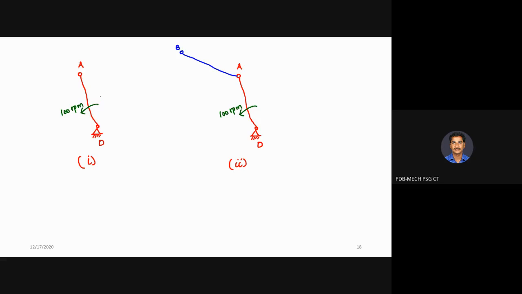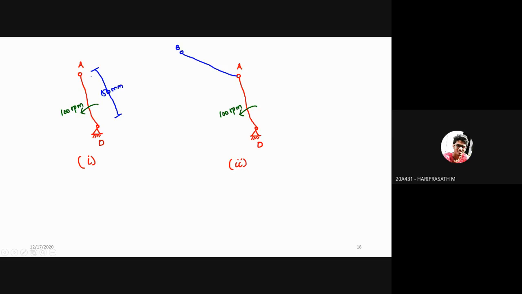This is a link, for example, 150 mm length, which is rotating at 100 rpm in counterclockwise direction. O is the fixed point and A is the moving point. So how to find out the velocity at point A?